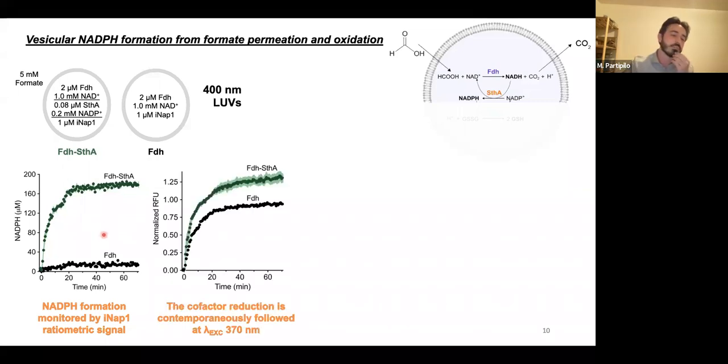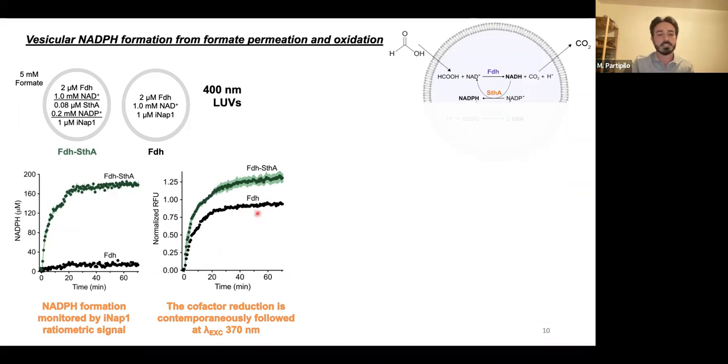So if, instead of focusing on the wavelength that is of interest for the sensor, you look at the wavelength of the reduced cofactor at 370 nanometers, for instance, you can still observe the cofactor reduction that is mediated by formate dehydrogenase.